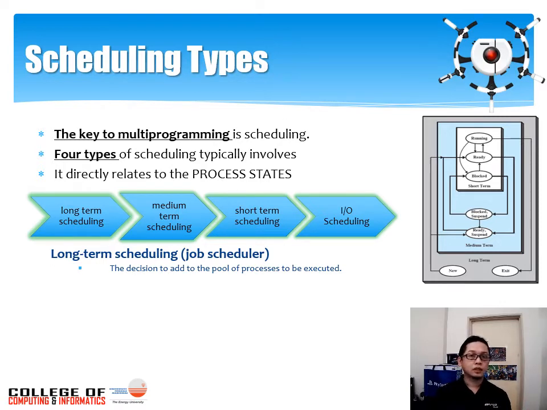This decision to add a new process to the already existing processes in the process pool is the job of the long-term scheduler. It decides whether a new process can be put into the queue to be executed along with other executing processes.